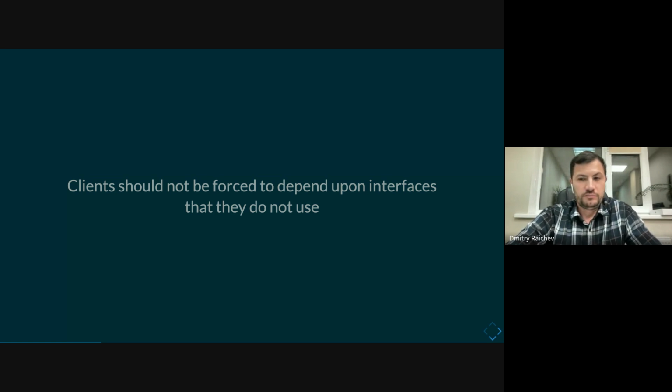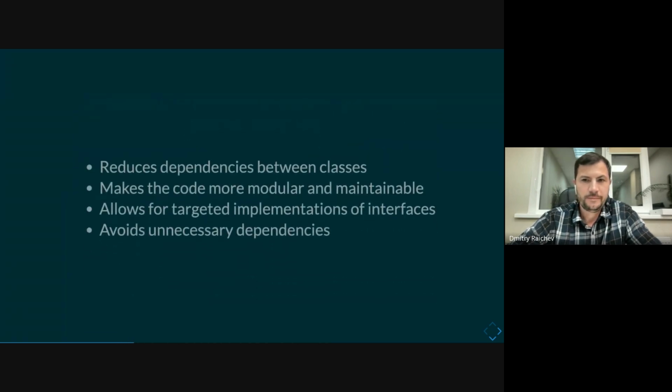Getting back to the principle itself, we don't mean that we need to create a separate interface for every property or method. There should be some balance here. And there isn't a universal formula or approach, it's rather practical experience to achieve it.